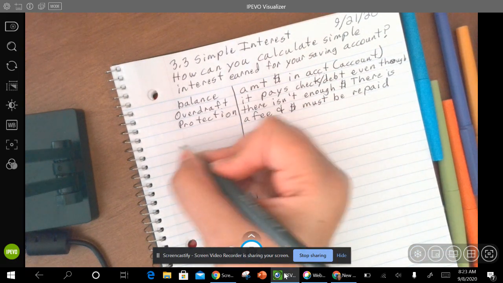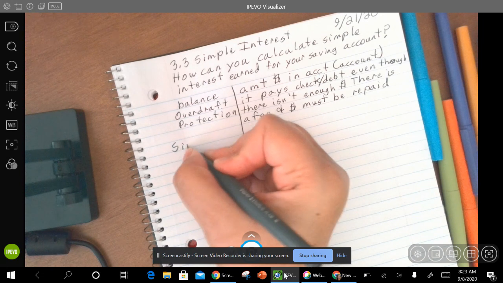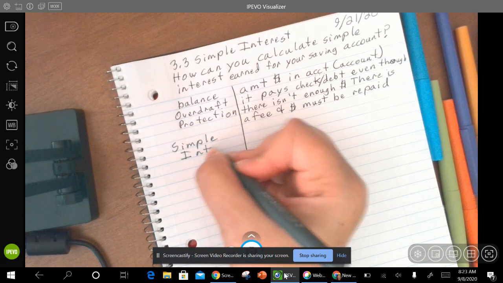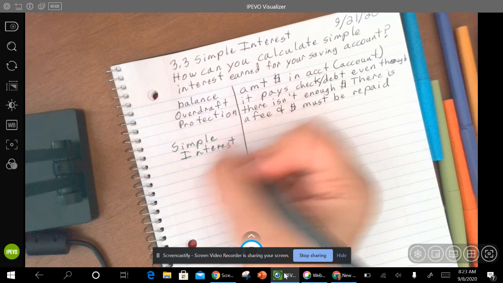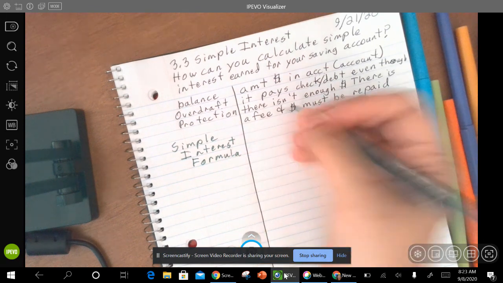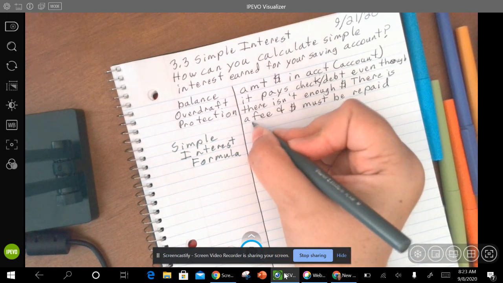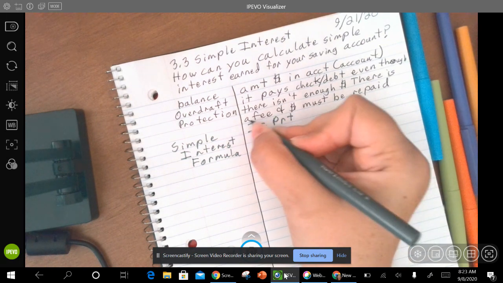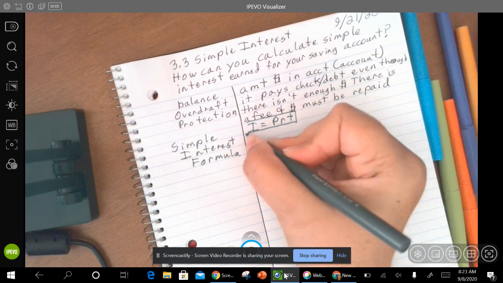So we have our simple interest formula: I is equal to the principal times the rate times the time. That's our formula for this.